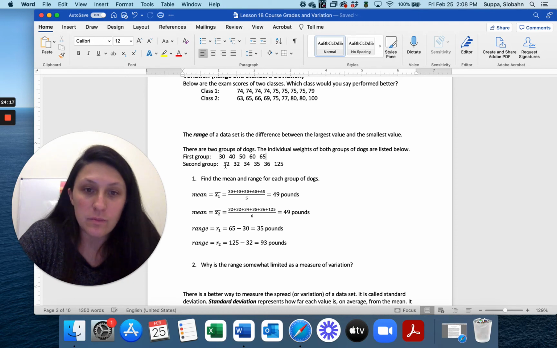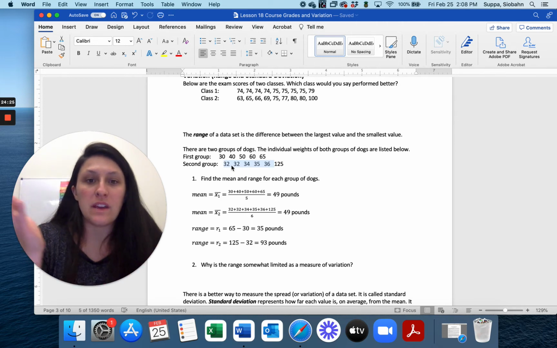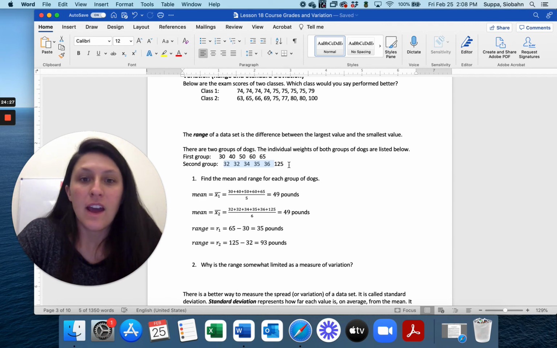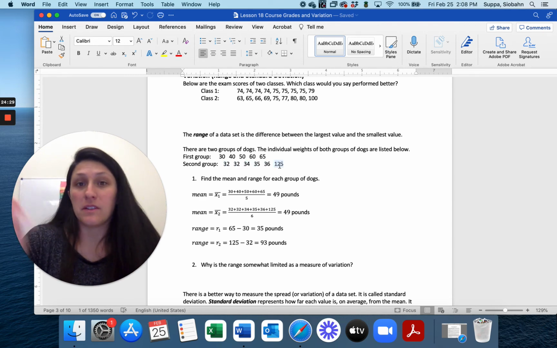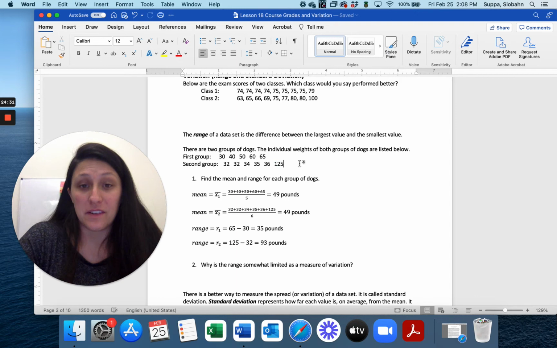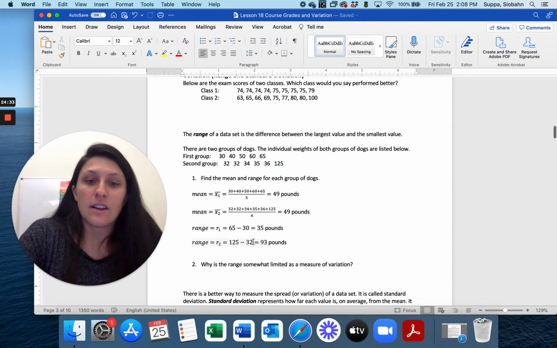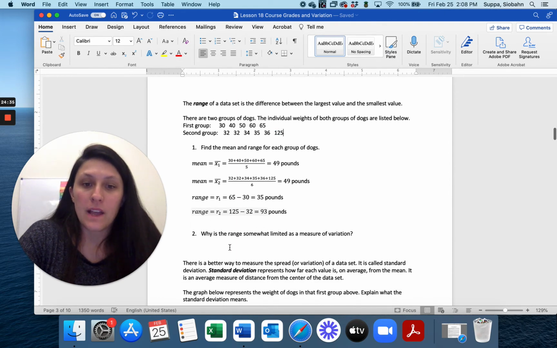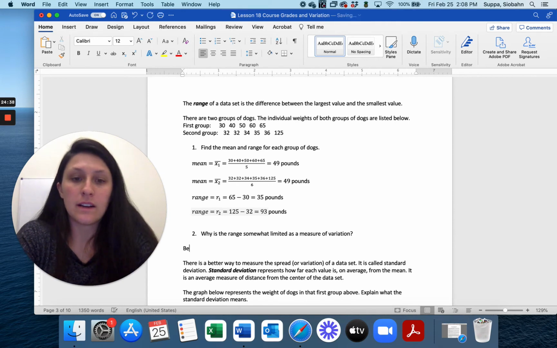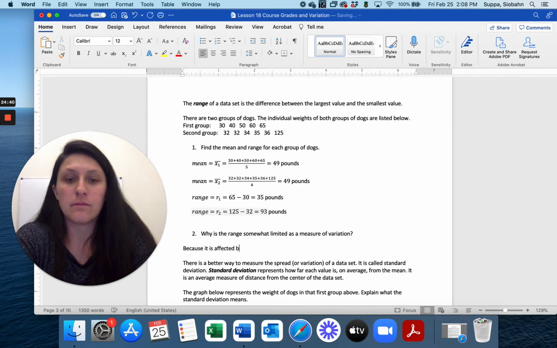But in the second group, it looks like you have a bunch of smaller dogs, maybe all the same kind, and then you have a Great Dane or something that apparently weighs a ton. So the range is limited as a measure of variation because it is affected by outliers.